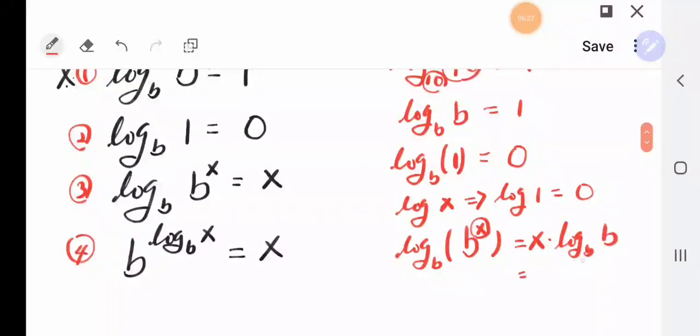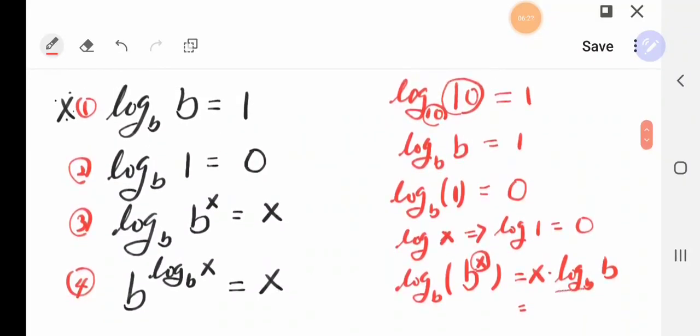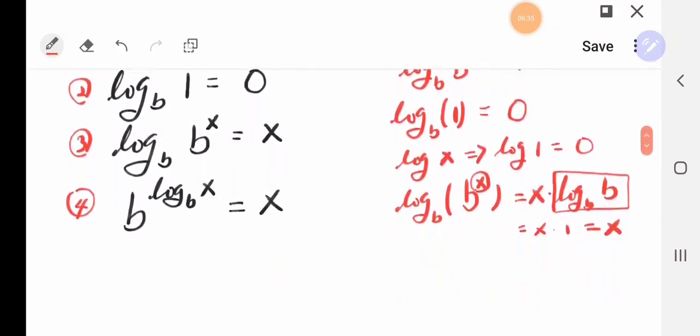From property number 1, logarithm base b of b is equal to 1, so x times 1 is equal to x. This is so fun, huh? Because the base is b, and inside the logarithm is b to the x power, you can just take this x out.